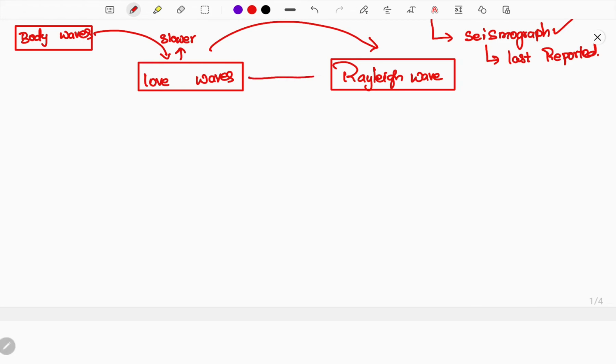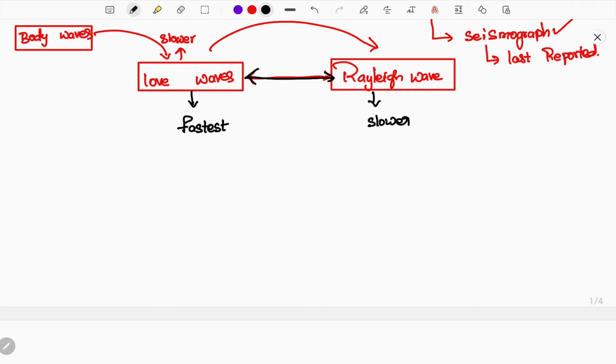But when we are comparing the love wave and Rayleigh wave to each other, love waves are fastest among the surface waves. Rayleigh waves are comparatively slower than the love waves. Okay, now you are clear.